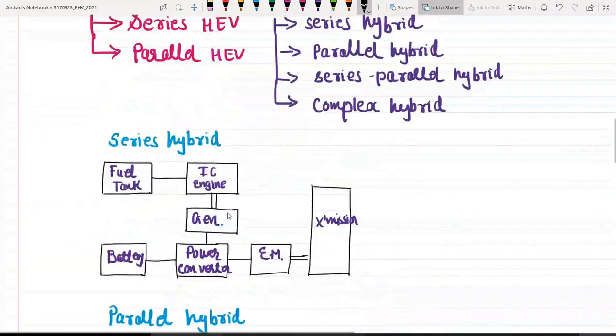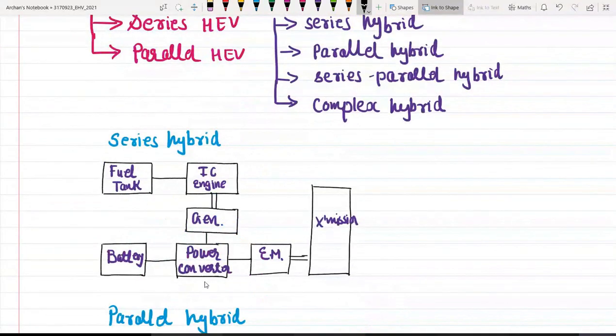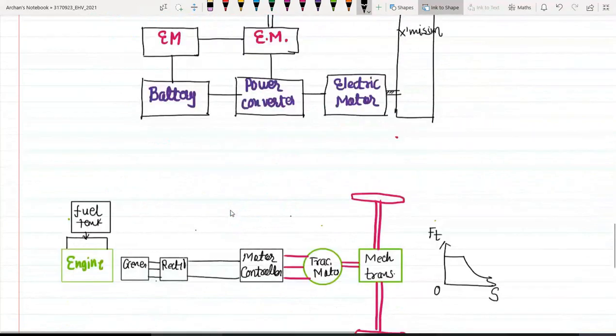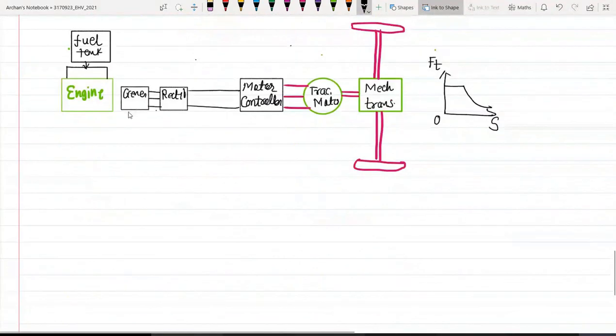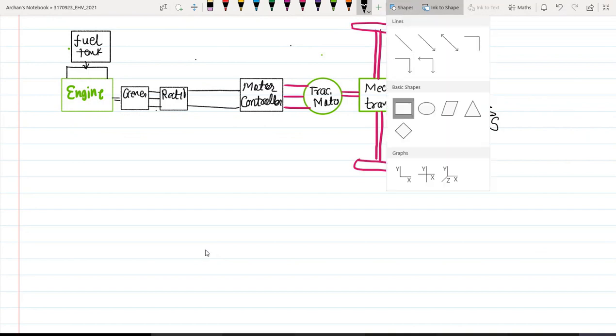So if we go back to the block diagram, you can see this IC engine and power converters are connected to a generator. So generator we already have, IC engine we already have. Now we should connect another powertrain which is with the help of a battery.